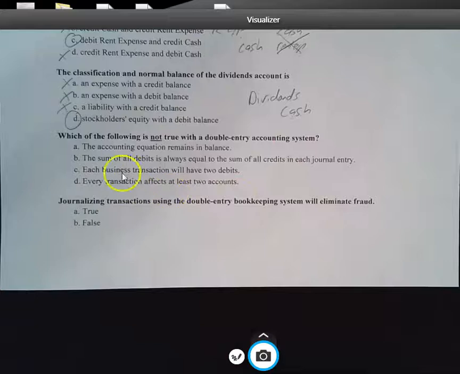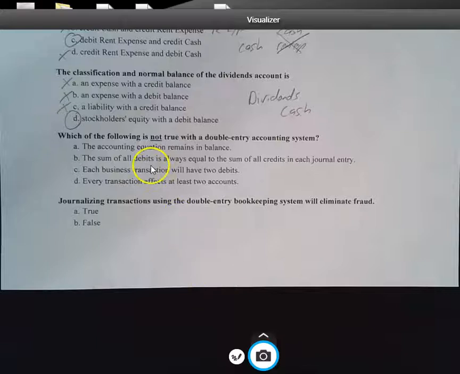Let's see here. What does it say? The accounting equation remains in balance. This is kind of a tricky concept for a beginning accounting student. But what we're saying here is not that assets are going to remain the same, that liabilities are going to remain the same, and that stockholders' equity is going to remain the same.